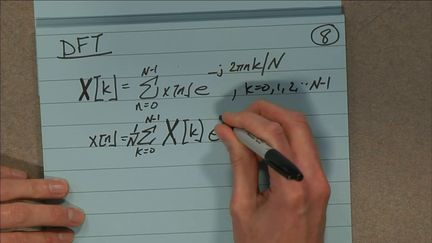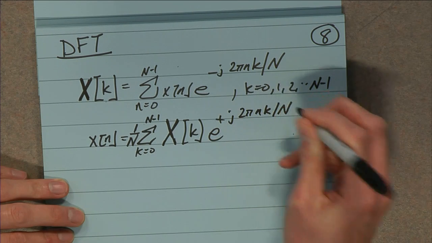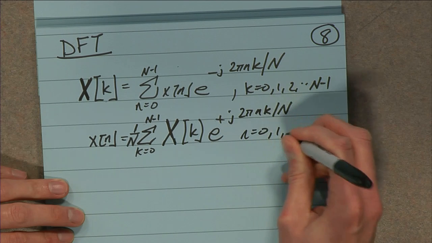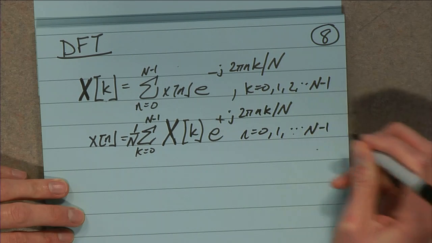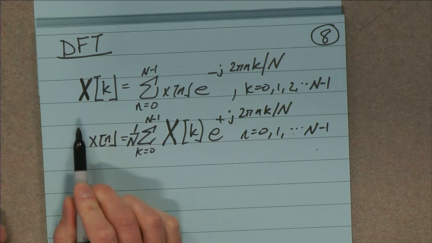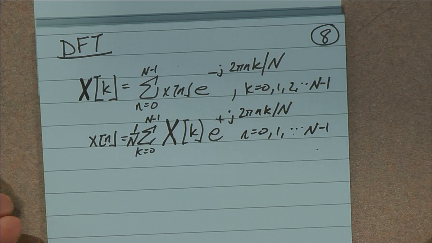And now e to the plus j 2 pi n k over capital N, and n equals 0, 1, dot, dot, dot, N minus 1. So those are our analysis and synthesis equations that we're going to be talking about during this lecture and the next one.